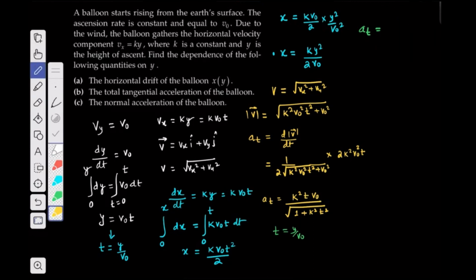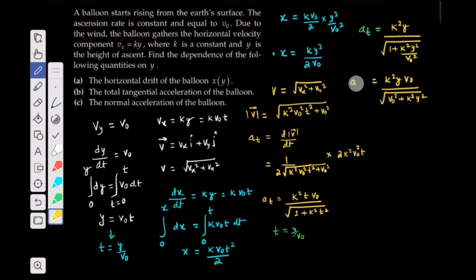It will be k square y by 1 plus k square y square by v naught square. So I can even write it down as k square y v naught by v naught square plus k square y square. That will be our tangential acceleration in terms of y.